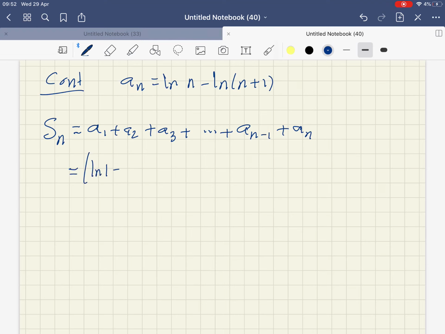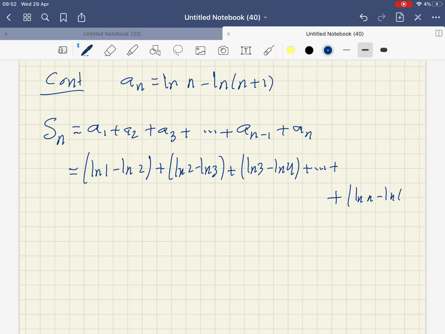A1 is ln 1 minus ln 2, A2 is ln 2 minus ln 3, A3 is ln 3 minus ln 4, and An is ln n minus ln of n plus 1.